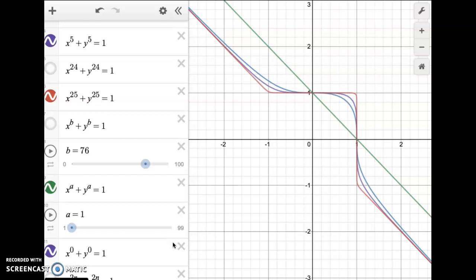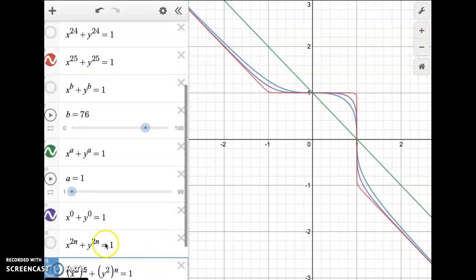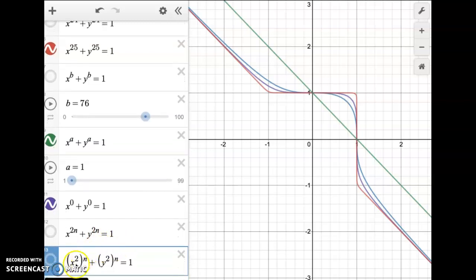We can take that information and apply it to our equations and see that this can be written as x to the 2n plus y to the 2n equals 1. Further, we can rewrite this as x squared to the n plus y squared to the n equals 1 because of our laws of exponents.